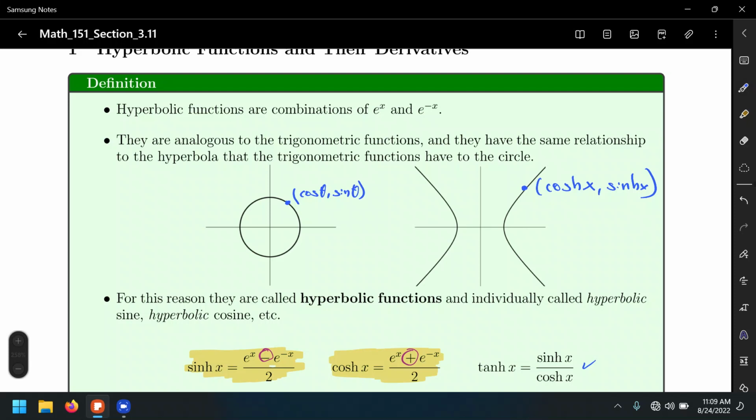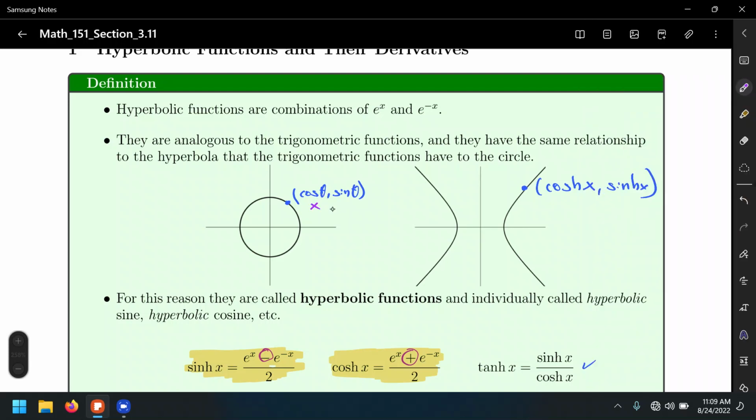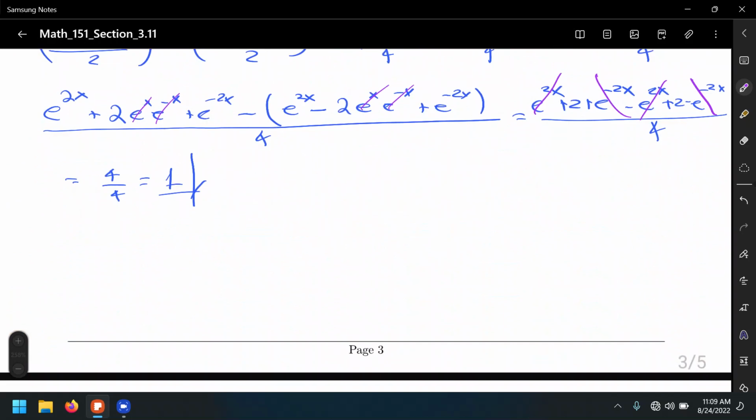All right. So, again, just to be clear here, this is x and this is y. If we use this idea, let me go back to cosine squared theta plus sine squared theta equals 1.